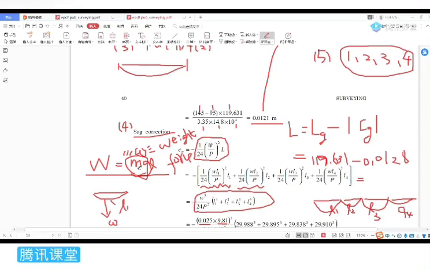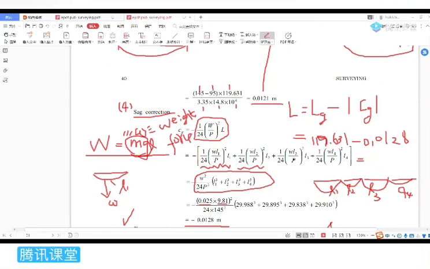You also have W times L, so it's proportional to the square, and P is your pull as well. So put all this together, so you can think about how to do it bit by bit.